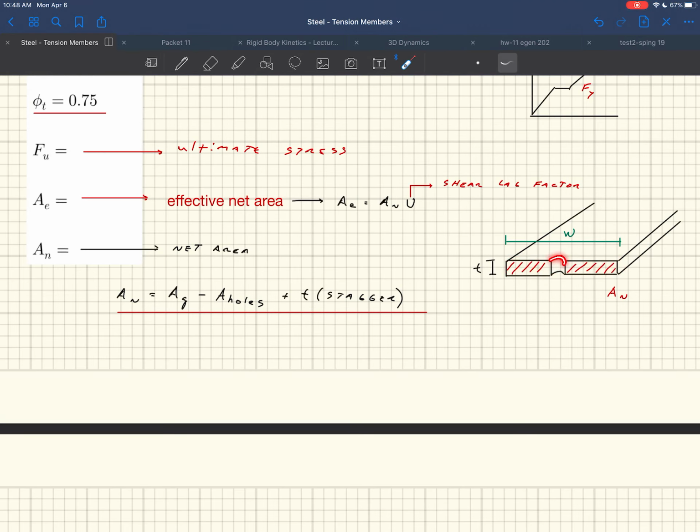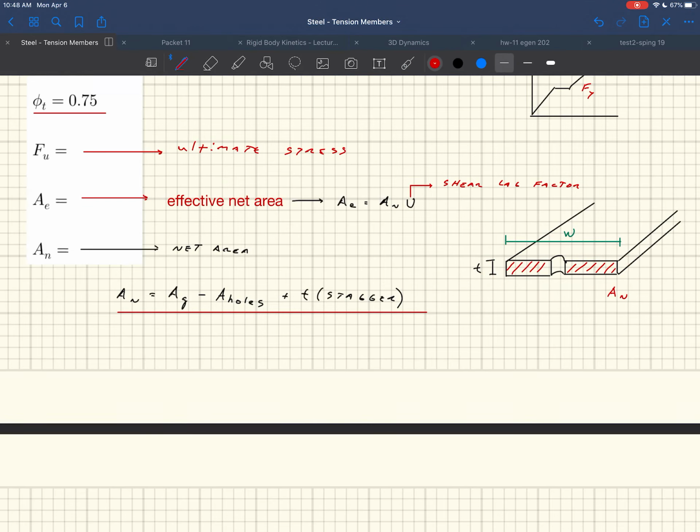But since I have a hole in there, this would be like if I was looking down on it, I'd have a bolt hole going through it. That bolt hole has reduced my overall area. The overall area is this, but I have to subtract out of it the area of a hole, my a-hole. If I had a couple of these things, there'd be multiple a-holes in there, and that is reducing my area. And so I need to calculate the total net area.